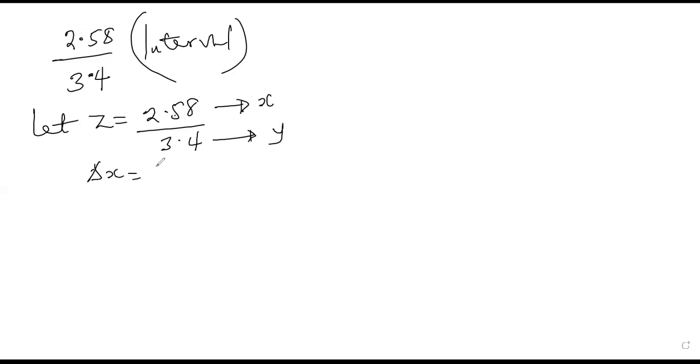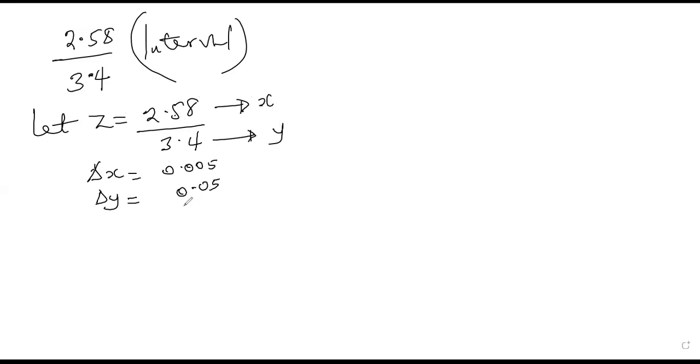Since I have two decimal places, the error will be 0.005. The error in y will be what? Who can tell me the error in y? 0.05, because of one decimal place, then 5.